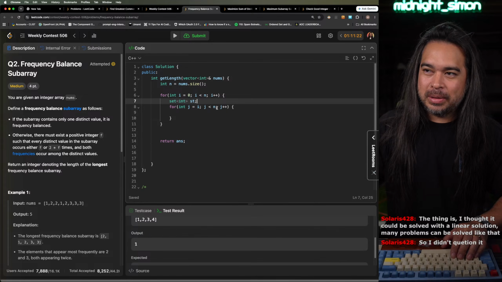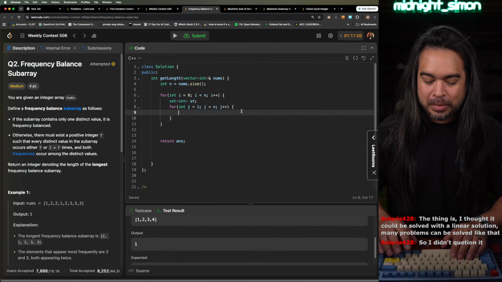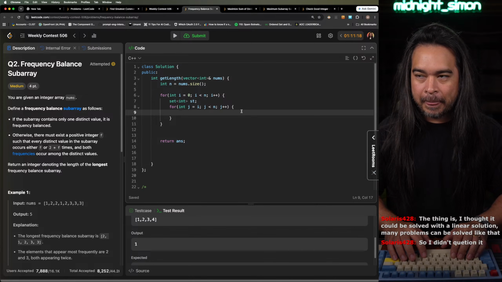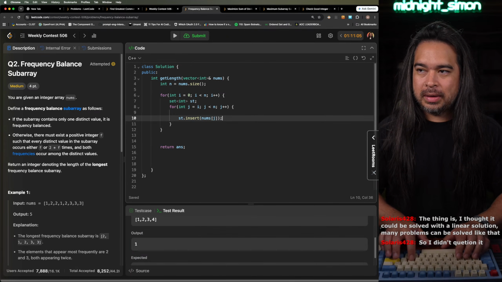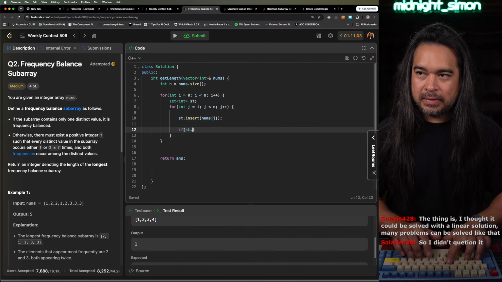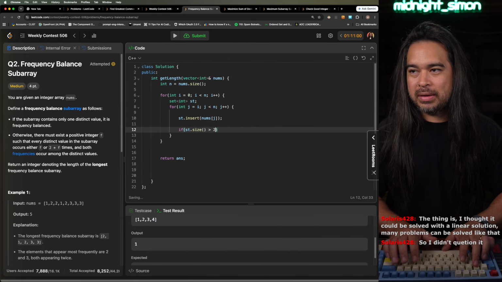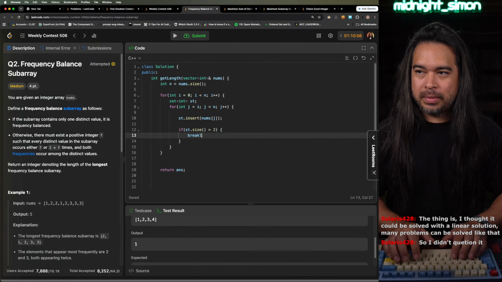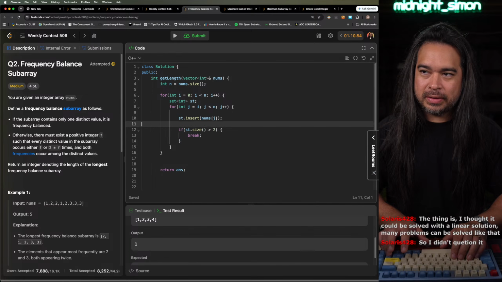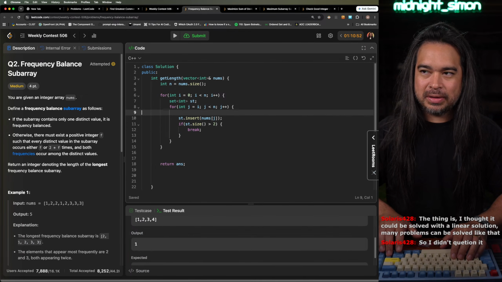Anyways, so n squared, what am I trying to do? I'm trying to insert nums j, and then I'm just checking, I guess, if the set size is bigger than 2, then we should probably break, because everything else is going to be bad after this.